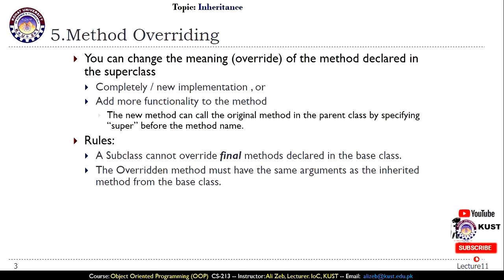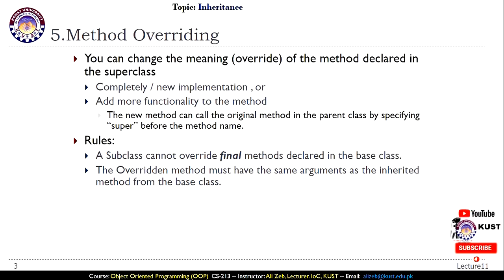So if you are trying to override a method, the signatures of the methods should match, and by the signature we mean the name of the method and the number of arguments in the superclass's method should be the same as the number of arguments in the subclass's method.